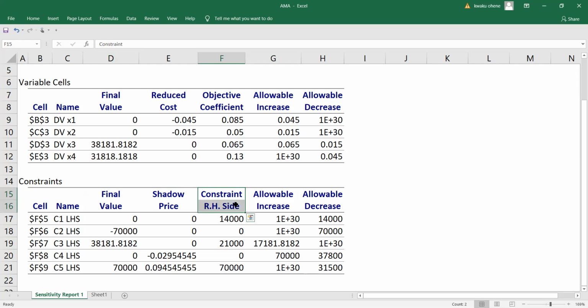So which constraints are binding? Constraint 1, 2, 3, 4, 5. Let me see some of the answers.